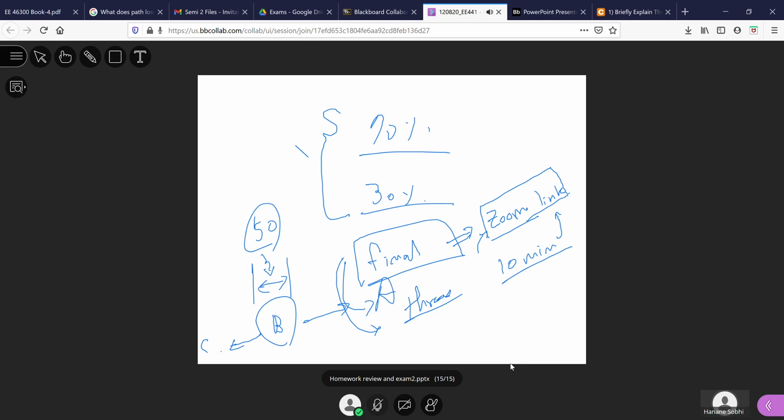Professor, will the exam be 2 hours? The exam will follow the exact hours provided by the school. I think it's 2 hours for the final exam, right? Yes, 2 hours. And we're going to start at 11?